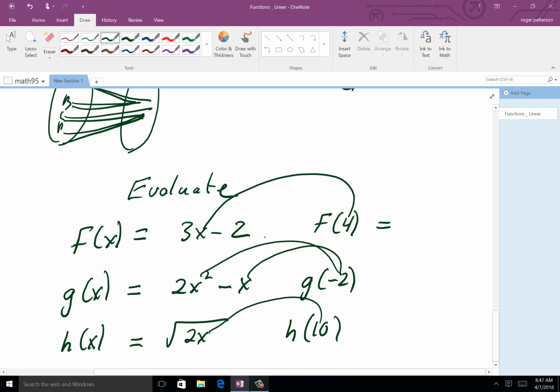This one I don't need to. 3 times 4 is 12, minus 2 is 10, so I'll put 10 there. Negative 2, you have to square that. Negative 2 squared is 4, times 2 is 8, plus 2, so that's going to be 10. And this one would be the square root of 20, wherever that is. I'll just put square root of 20 down here. That's all you have to do for evaluating. It's really simple. You just put the number in there and figure it out.